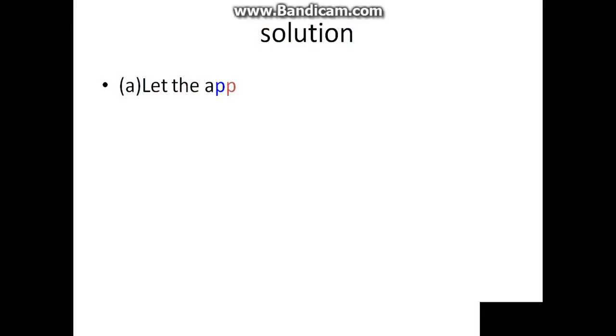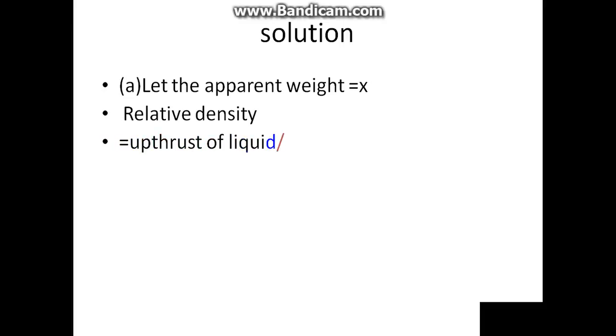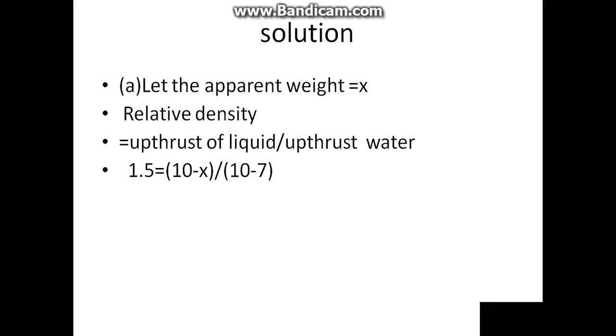Solution. A. Let the apparent weight be equal to x. Therefore, the relative density is equal to upthrust of the liquid over upthrust of water. We have that the relative density is 1.5, which equals upthrust of the liquid, which is 10 minus the apparent weight, x, over upthrust of the water, which is 10 minus 7.